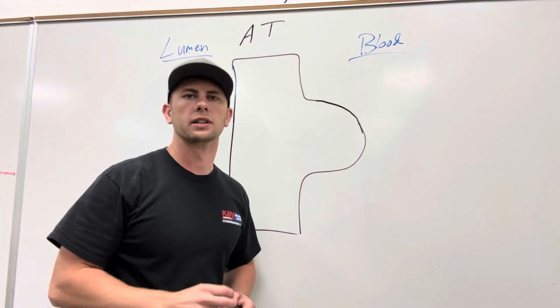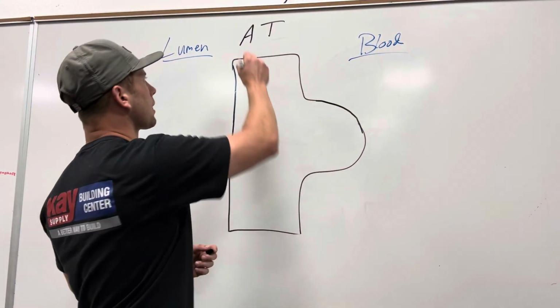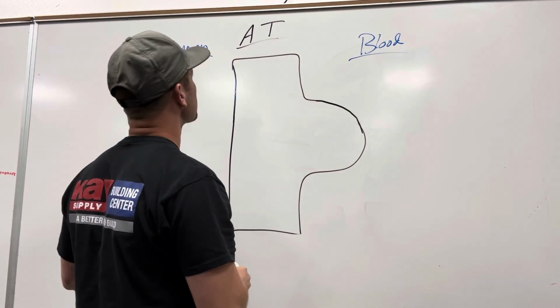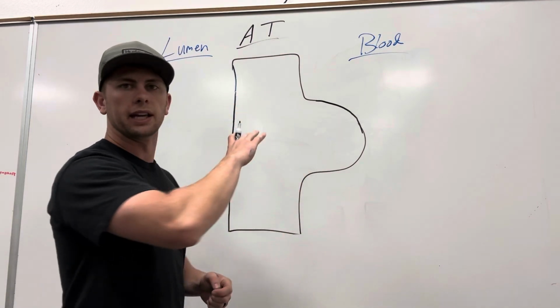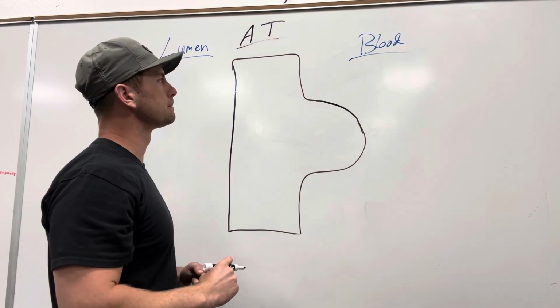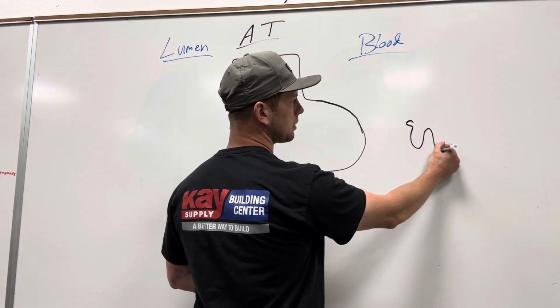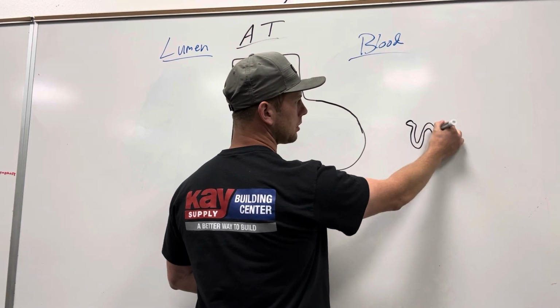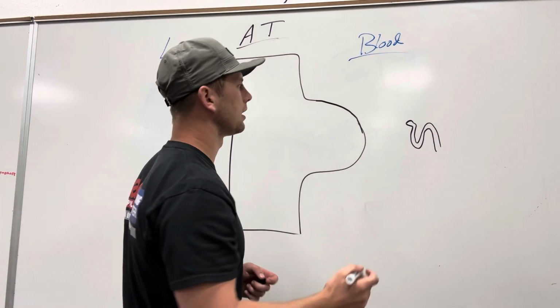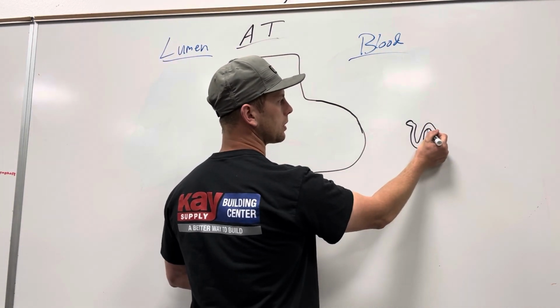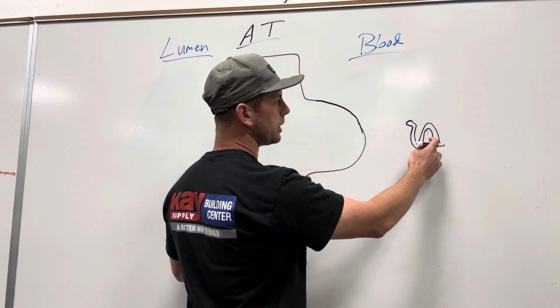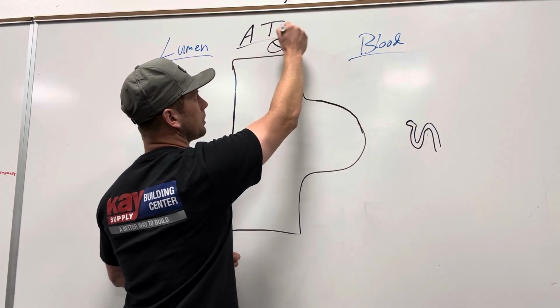All right, now we're going to talk about the ascending tubule. At this point in the nephron, if you remember our little nephron, we're on this stretch now, we're going up. And at this point, we stop being permeable to water.